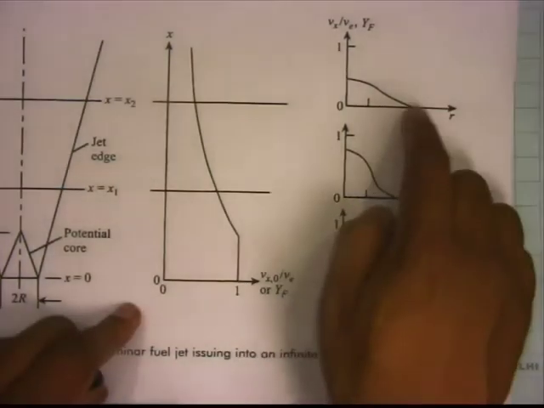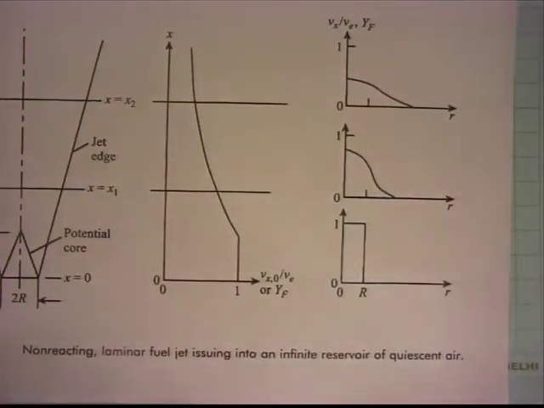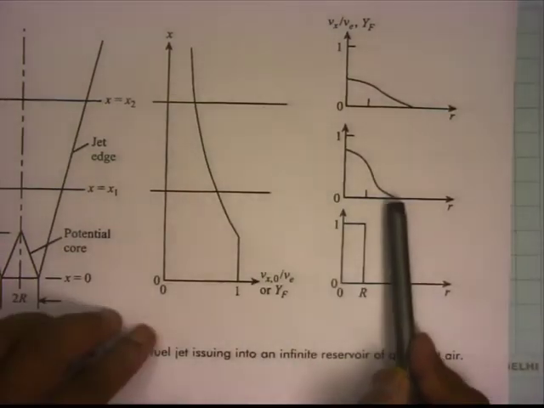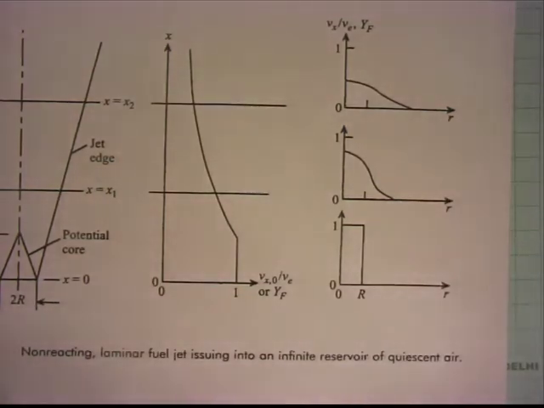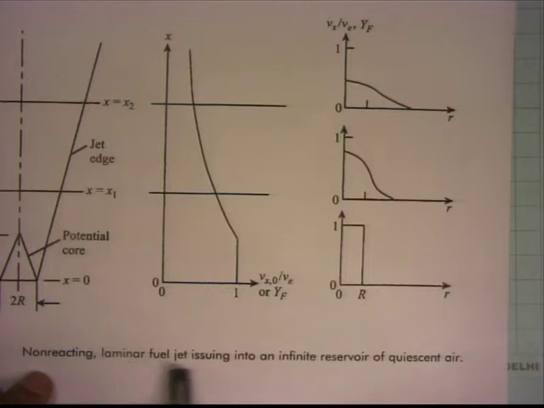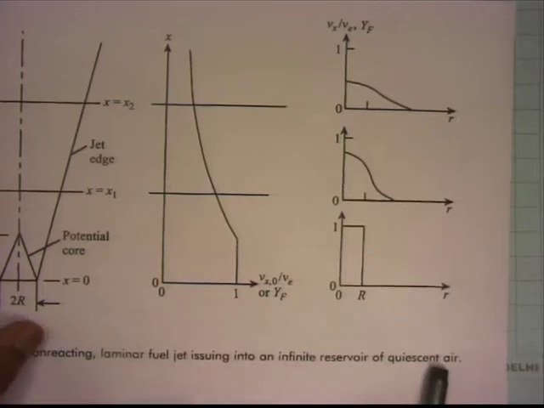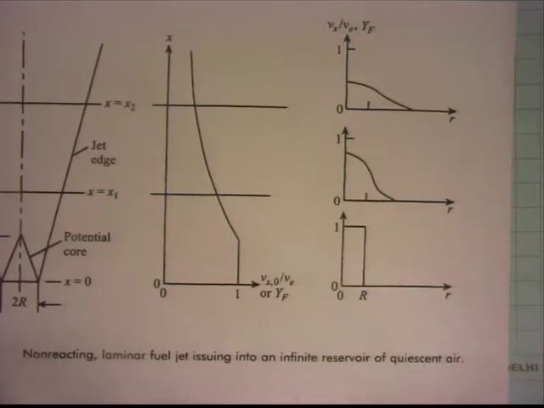That's why this is expanding, right? This tells you that the velocity comes to 0 here, but velocity comes to 0 at some longer distance in the radial direction. So this is what we get when we have a non-reacting laminar fuel jet issuing into an infinite reservoir of quiescent air. This is from Turns's book. He derived equations and plotted those. We didn't derive equations, we are just looking at qualitative features.